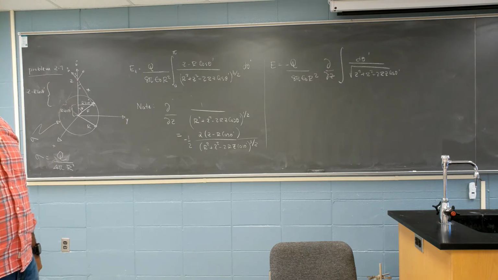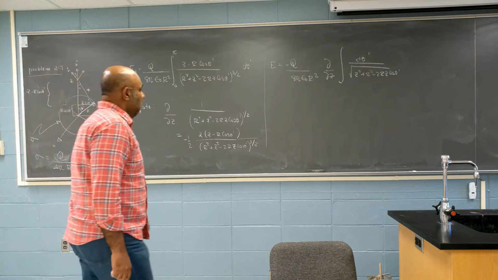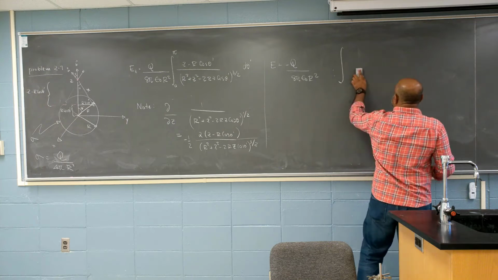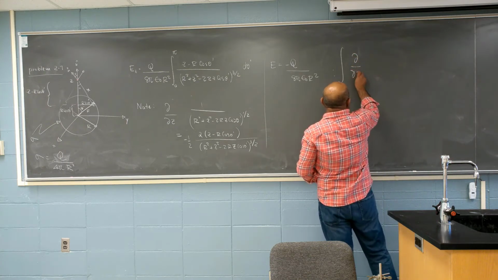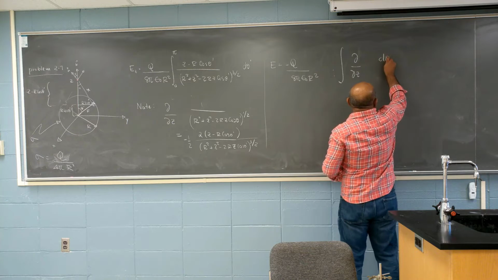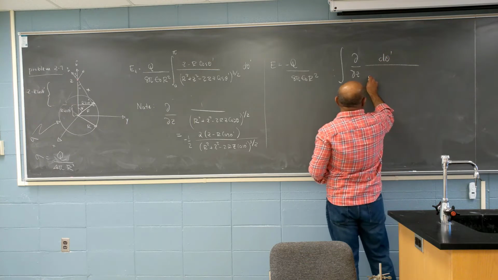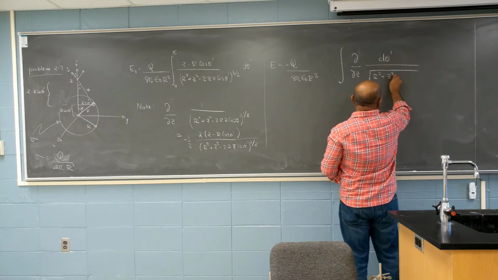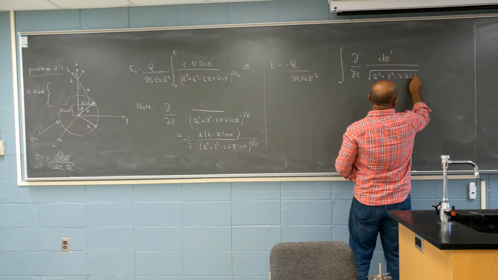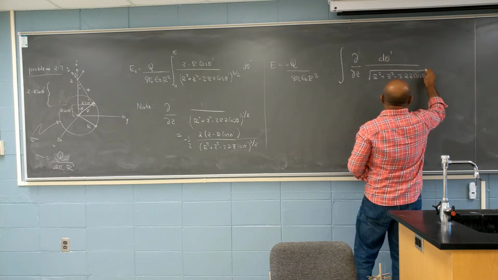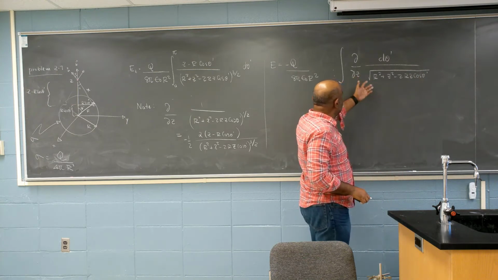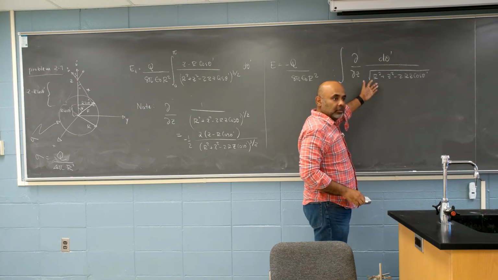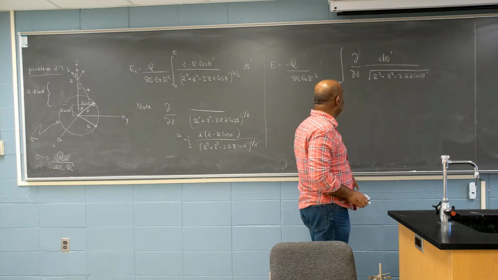Why were we able to take the partial out of the middle? Actually, when you do, it becomes a total derivative. Are we integrating with respect to z? It's a constant, so you can take the partial out.